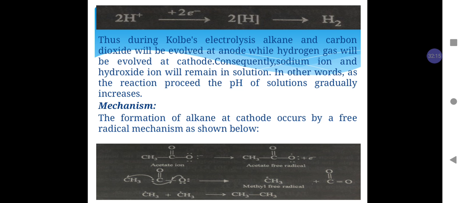Acetate ion will lose one electron to form acetate free radical. This acetate free radical then decomposes as shown in the diagram to form methyl free radical and carbon dioxide. These methyl radicals then couple with each other to form ethane.